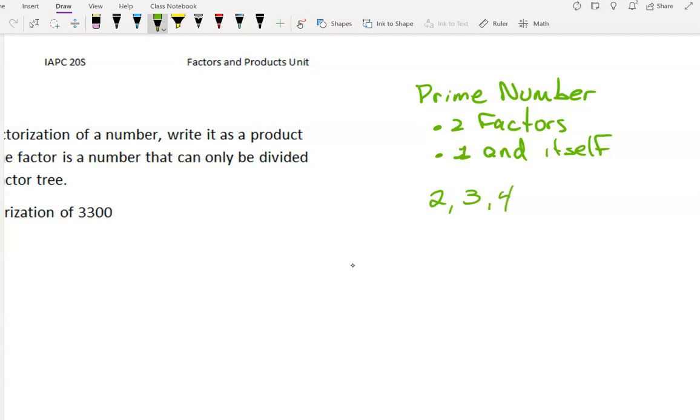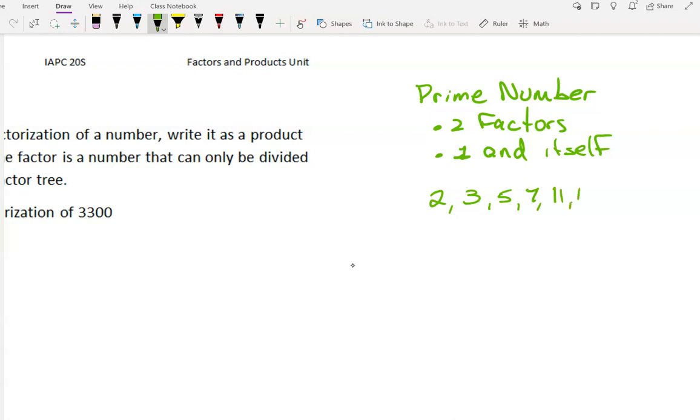How about 4? Is 4 prime? No, it has the factors 1 and 4, but also 2. So 4 is not prime. 5 is, though. It only has the factors 1 and 5. 6, no good. 7, yes. 8, no. 9, no. 10, no.